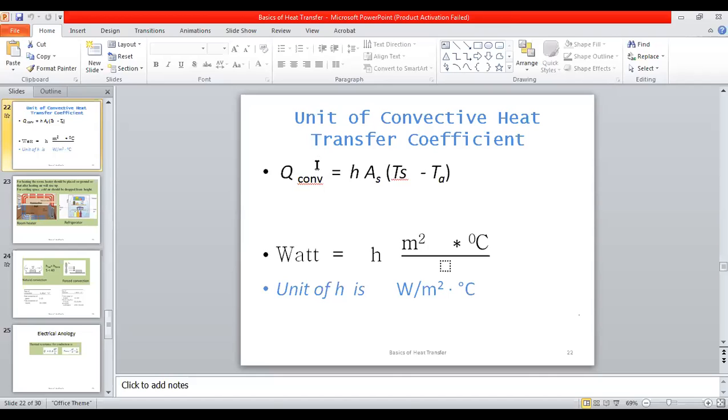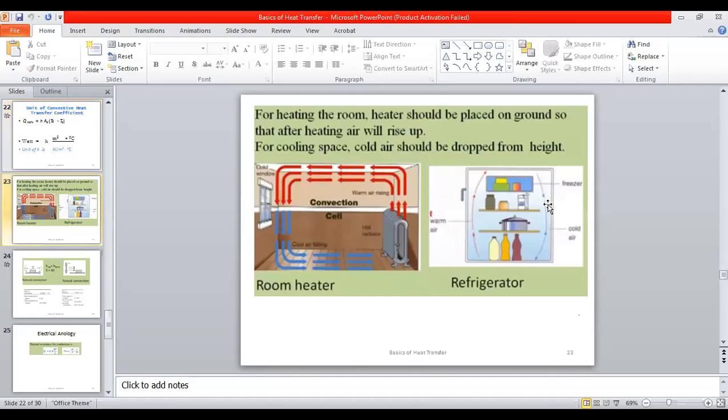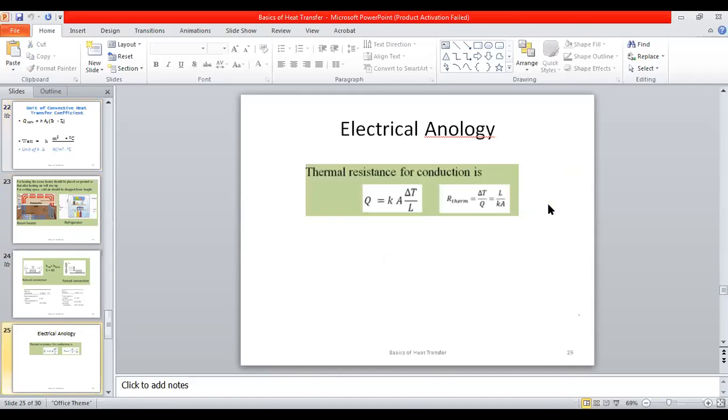1 upon hA. Okay, then that 1 upon hA is nothing but the thermal resistance for convection.